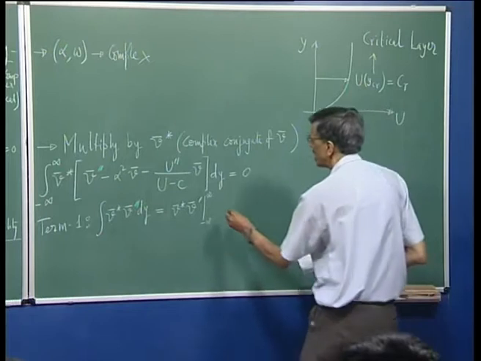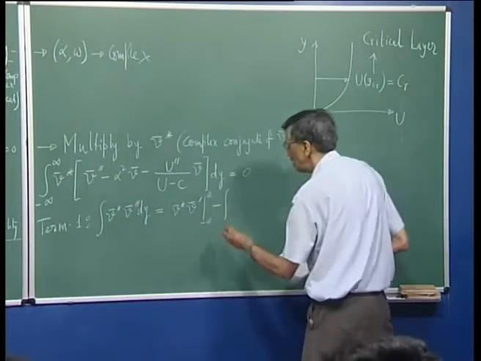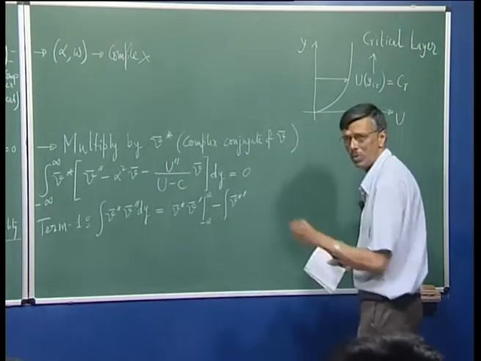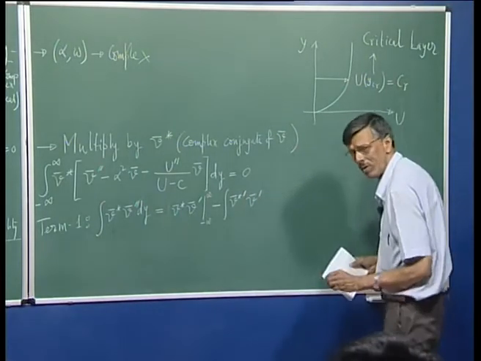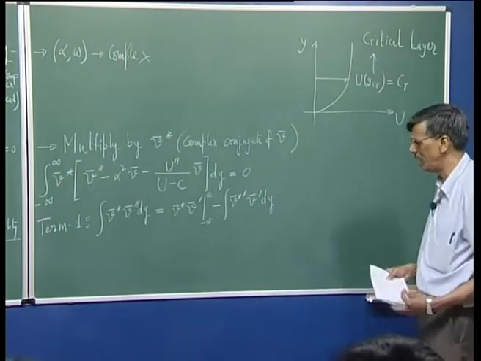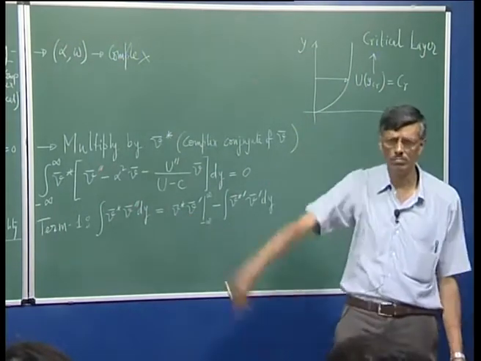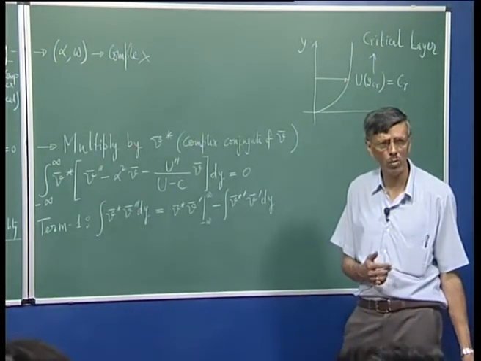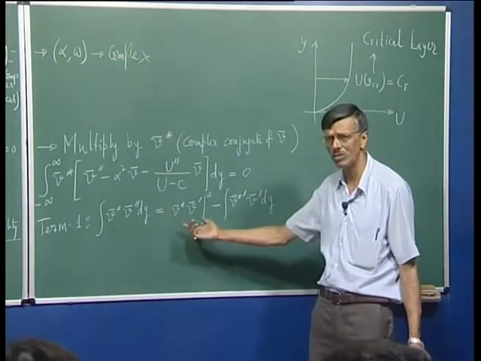Then what do I get? Here I will get the differential of this, that will be v bar star prime. Then I have already integrated this once. So, that is there, and then again I am integrating. Now, you can tell me the fate of this term. See, if we are going to the end of the region of interest, that is where disturbances go to 0. If the disturbances go to 0, the conjugate also will go to 0. So, this term does not survive.